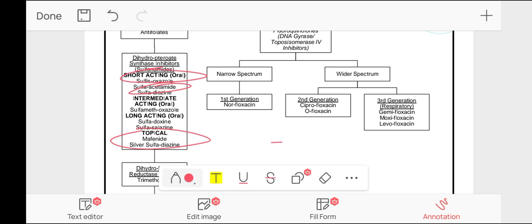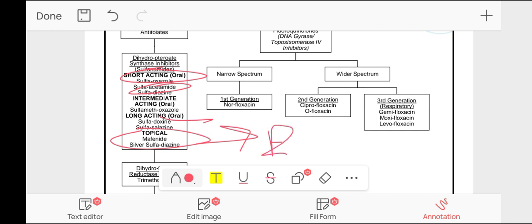Sulfasalazine is used for ulcerative colitis and rheumatoid arthritis, while burn infection is treated by mafenide and silver sulfadiazine.